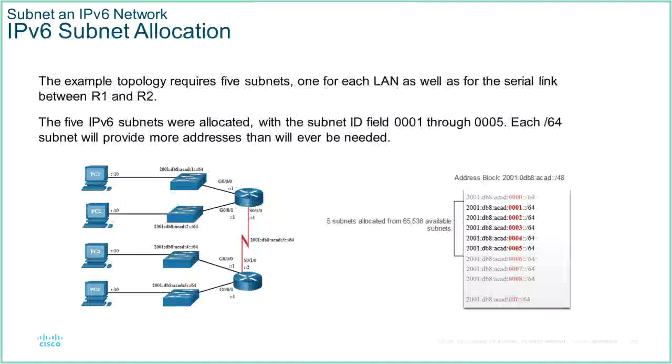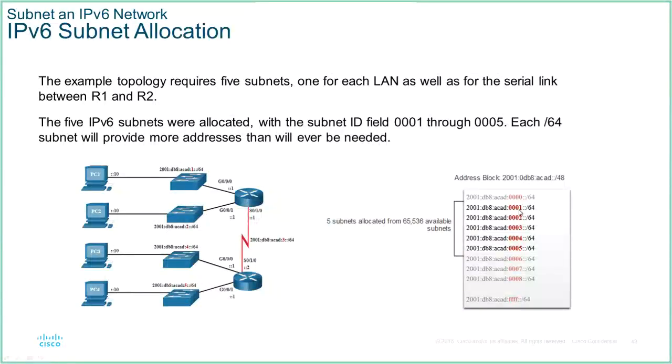So allocating subnets in a block doesn't really change anything from our perspective. Each interface coming off a router needs an individual subnet.